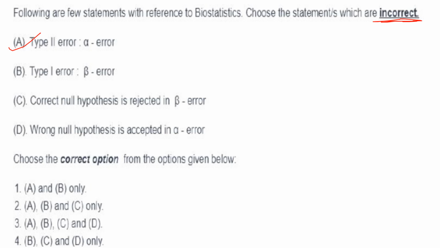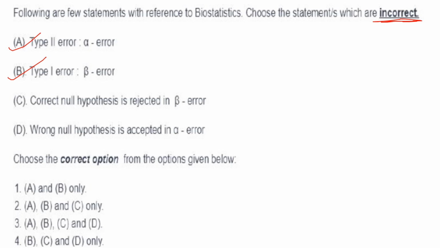Then type 1 error is beta error. No, type 1 error is alpha error. So again the statement is your answer. Correct null hypothesis is rejected in beta error. Correct null hypothesis is rejected in type 1 error, and I told you type 1 error is alpha error.